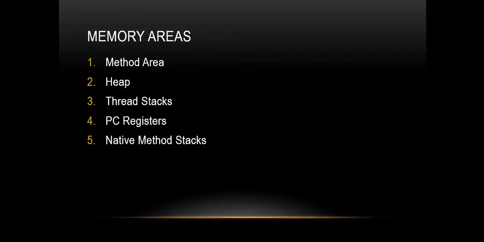Then comes the memory areas. There are different memory areas inside the JVM responsible for holding different data, and they are used in different stages of your application run. The first memory area is the method area, which we have already talked about.